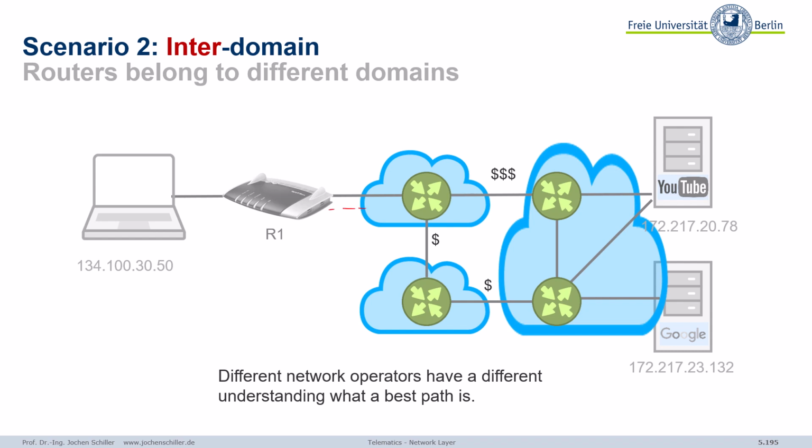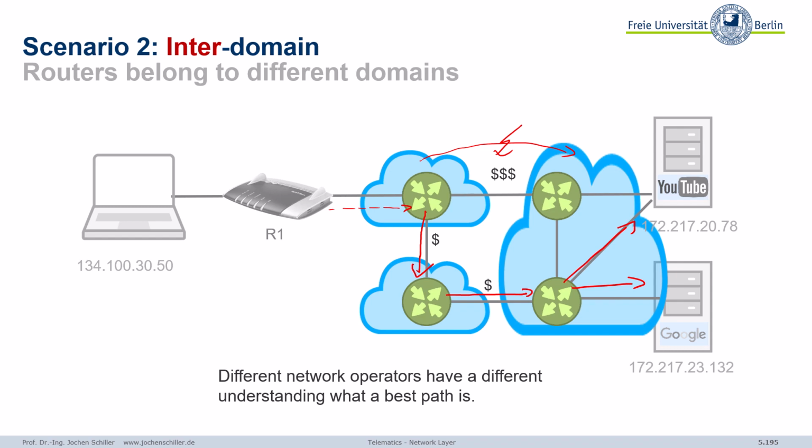Then most likely all traffic coming in, no matter what the destination is, will take this cheap path, and from this one maybe this one, and then it goes up to YouTube or to the right to Google. And you will most likely not take this more expensive one if money is the metric.